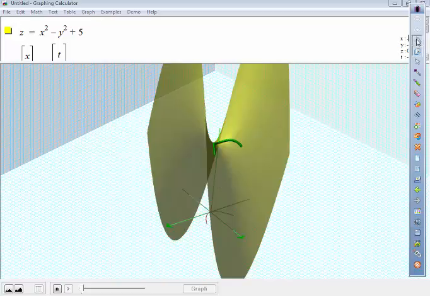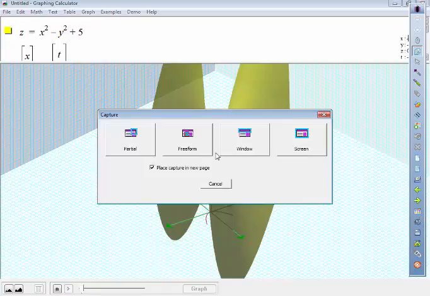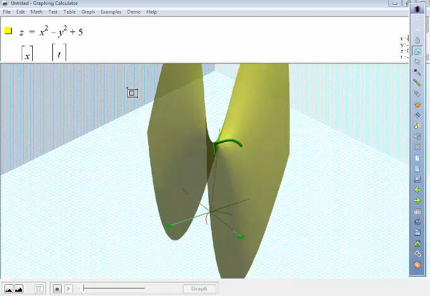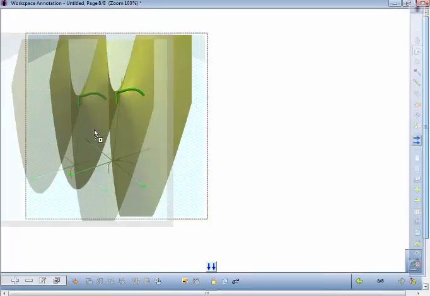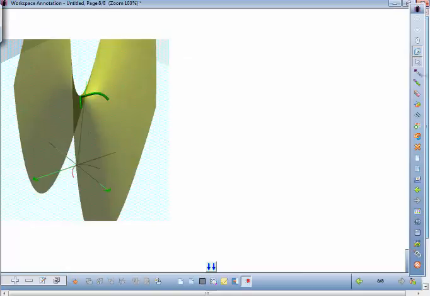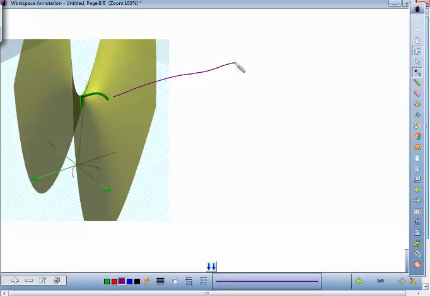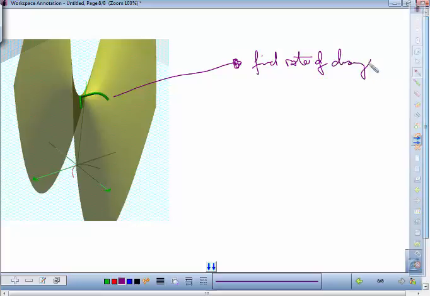So what do we want to do with it? Well, we want to find out how it's changing in height. So this is your curve, but we want to find the rate of change in height.